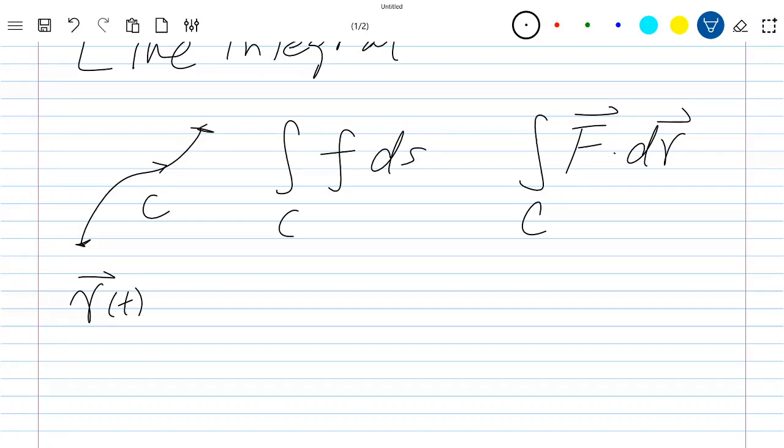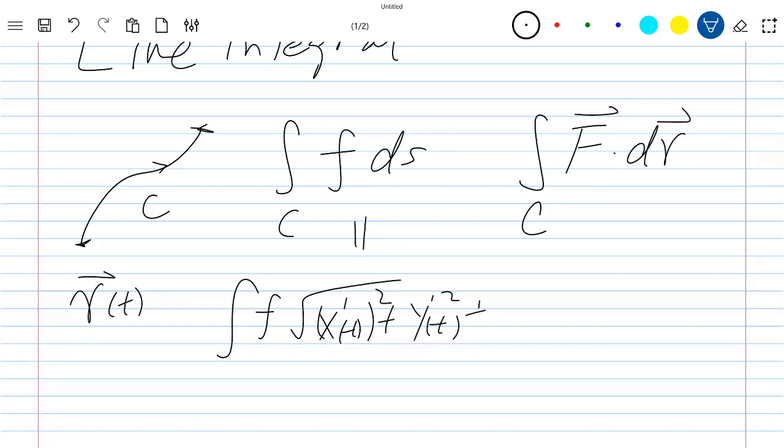Then the first one would be f times the square root of x prime of t squared plus y prime of t squared, and if it's 3D, then also z prime of t squared, and then dt.